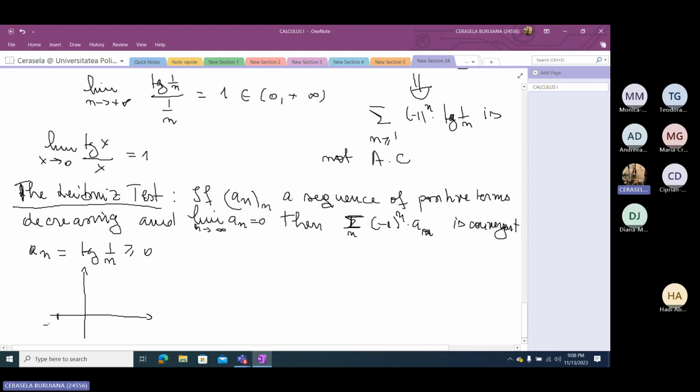So if I take here minus pi over 2, here pi over 2, remember that pi over 2 and minus pi over 2 are asymptotes of the function, and the graph of the function is something like this.